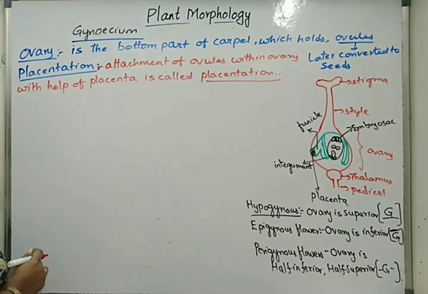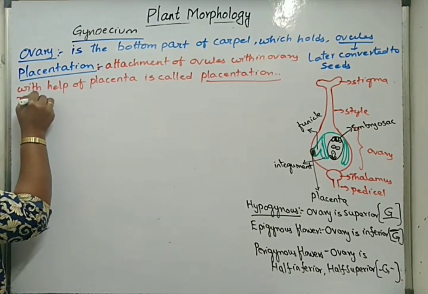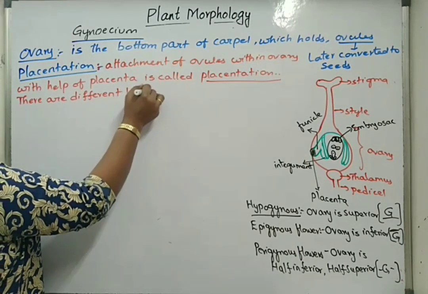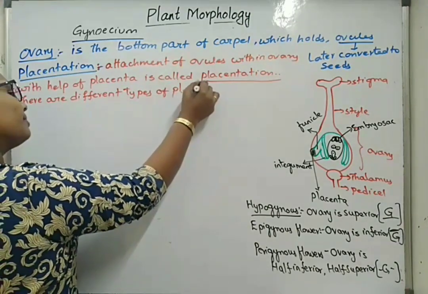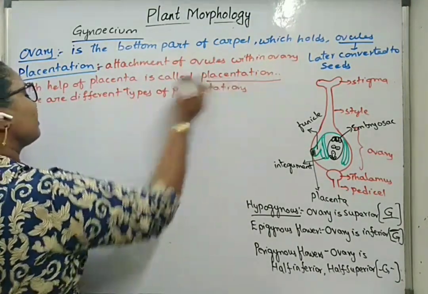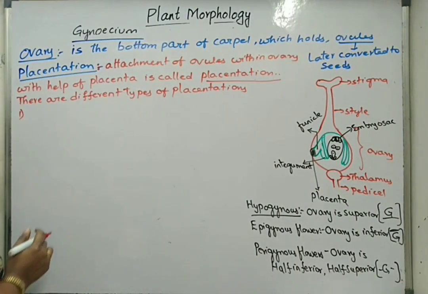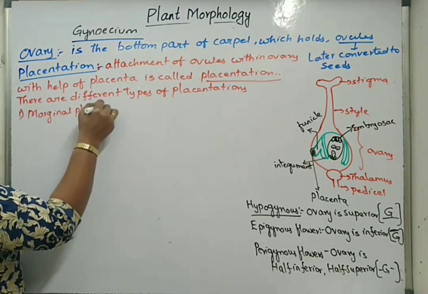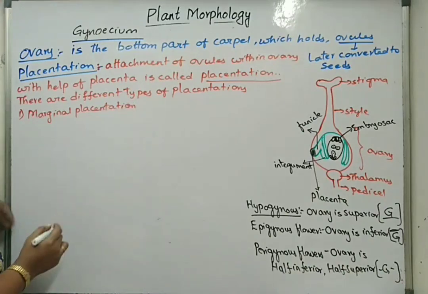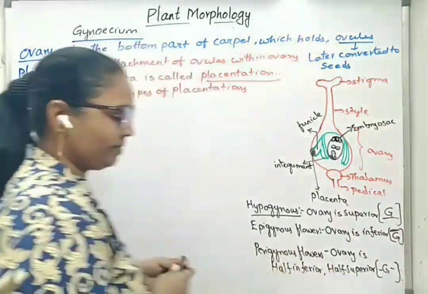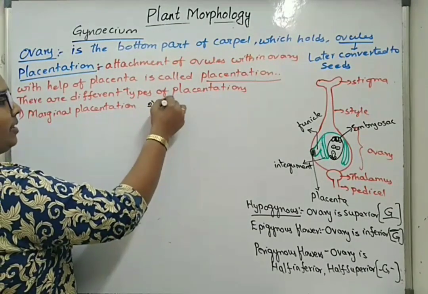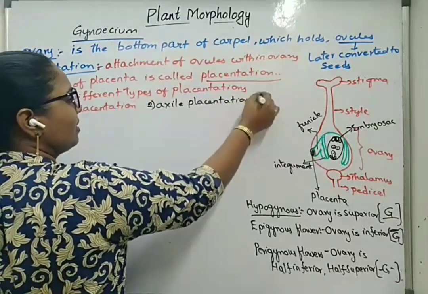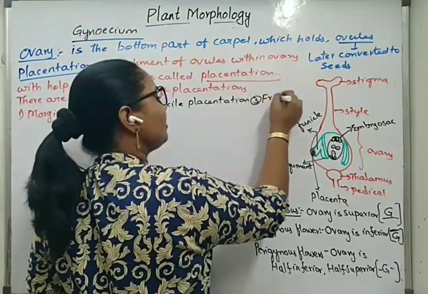There are different types of placentations. First one, marginal placentation. Second one, axial placentation. Third one, free central placentation.